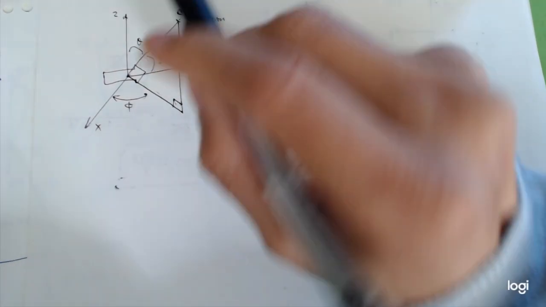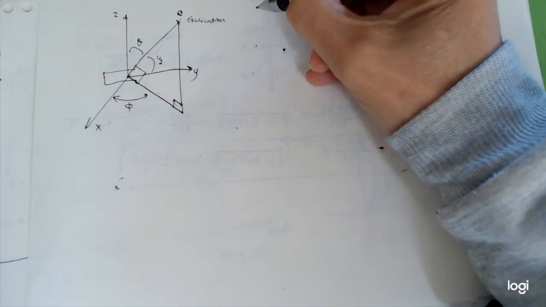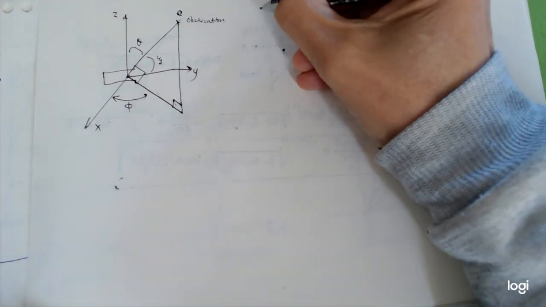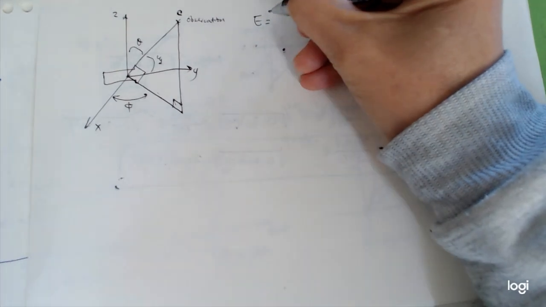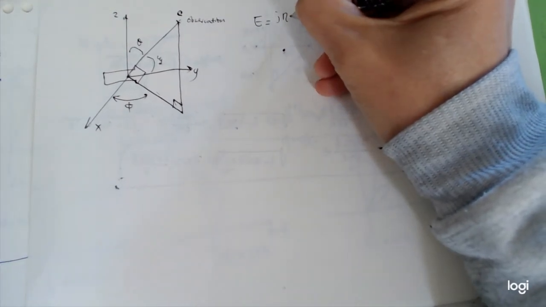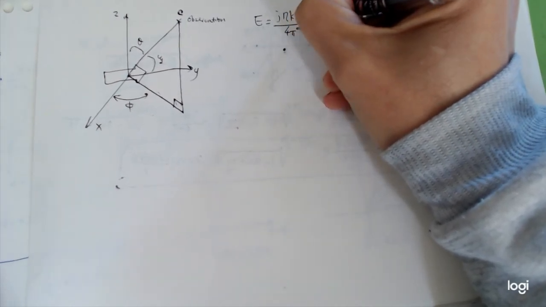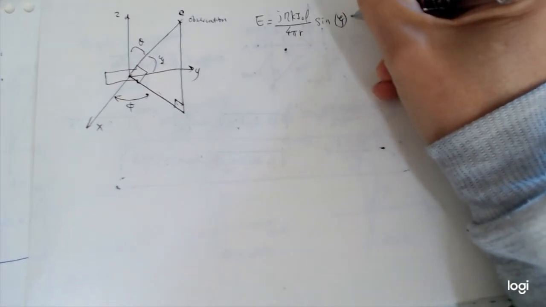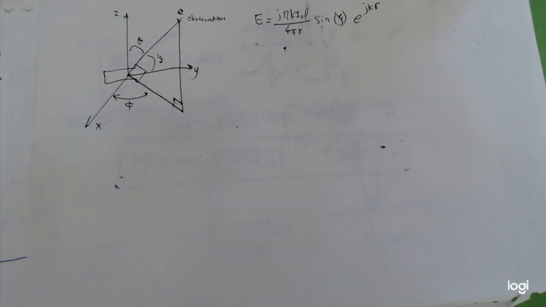But in this case, we are given the formula for the electric field. The formula is E proportional to sine psi, and then e to the power jkr. So this is the formula.